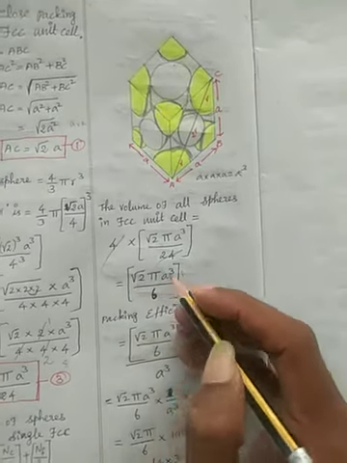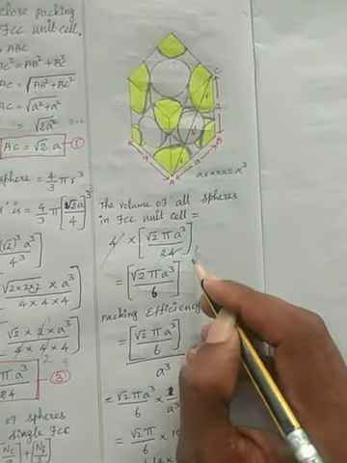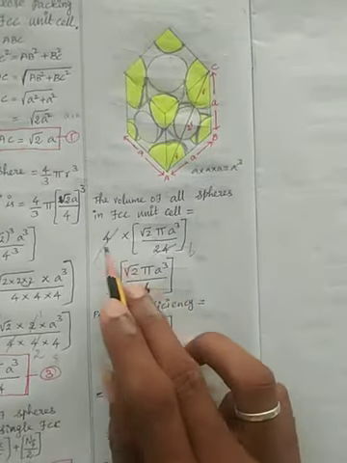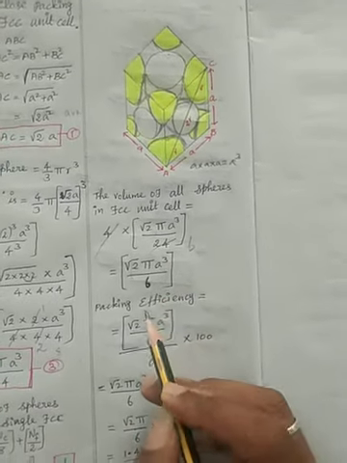Cancelling, 1 four is 4, 6 fours are 24.